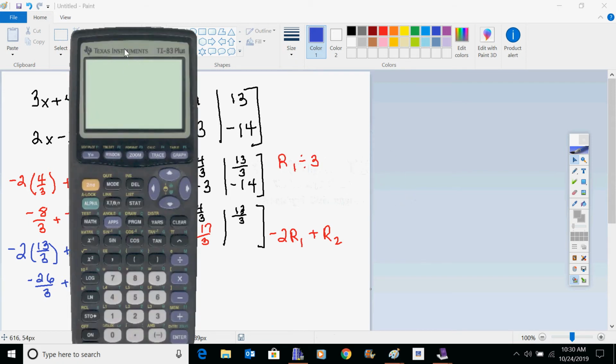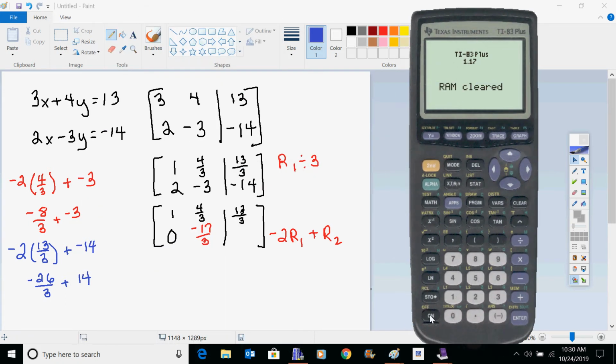We can do this, but just in case, -26/3 plus 14 plus -14. Ooh, if I don't do this carefully, I'm going to have a mess. Plus -14. All right.